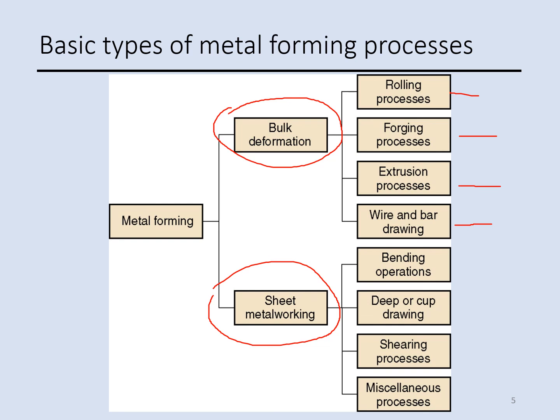Under sheet metal working, we have bending operations, deep drawing, shear processes, and other processes. But what is bulk deformation? Bulk deformation generally means that we have significant deformation and massive shape changes, and the surface area to volume ratio of the work is relatively small.